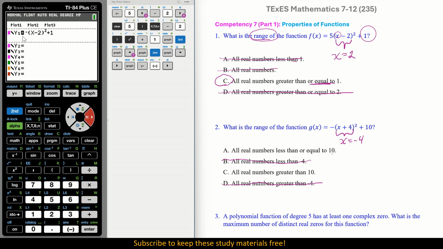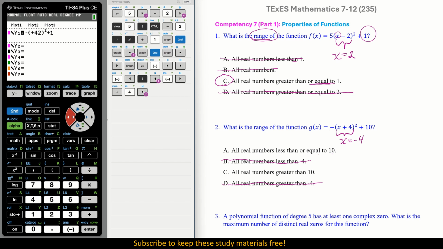Notice that I just typed in this negative there. Let's go back to parentheses. There we go. I use negative. Be careful. Don't use subtraction. You will get an error. It just won't work. So that's our negative. Then x plus 4.